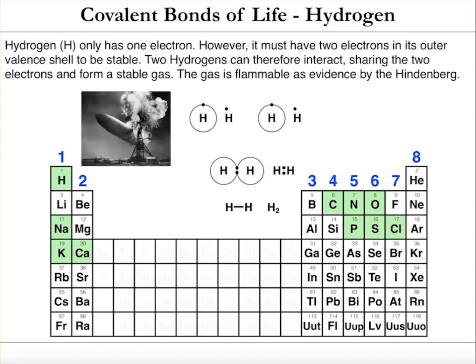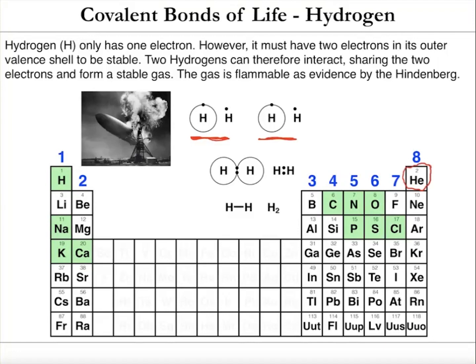We'll first look at hydrogen. Hydrogen, depicted here and here, only has 1 electron. So it has 1 proton and 1 electron. However, to fill that outer valence shell, it has to have 2 electrons to basically be stable like helium.